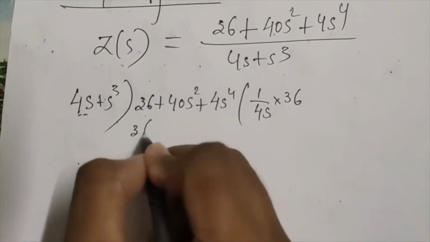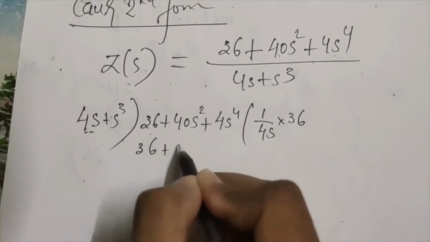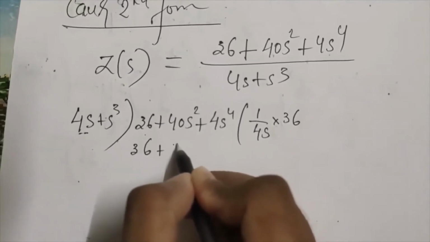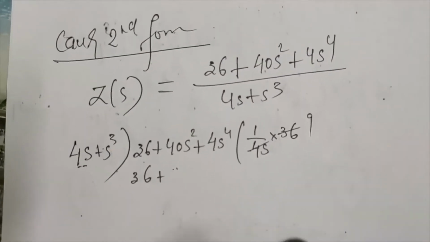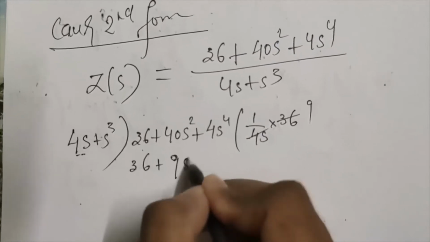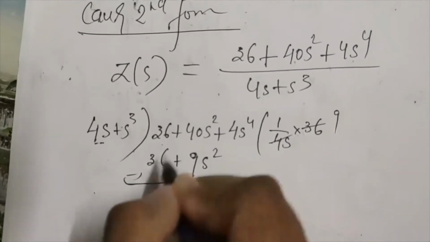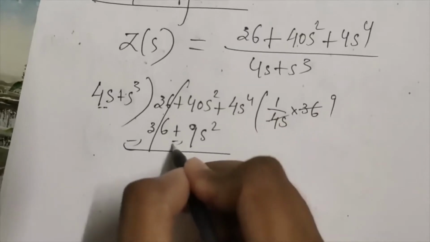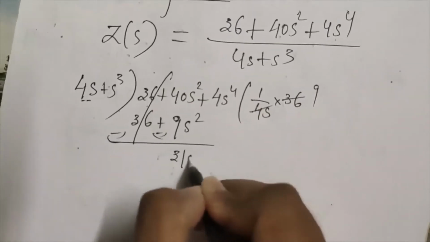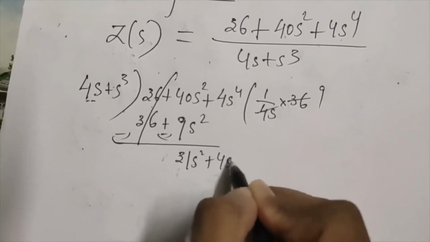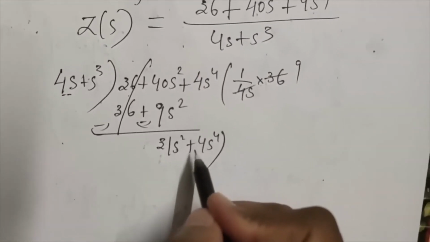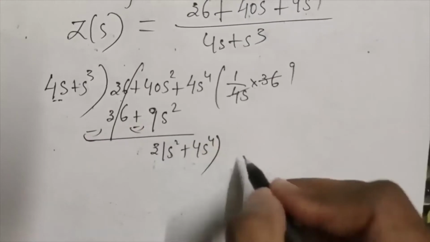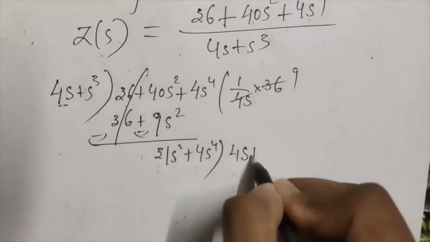So this becomes 36 and this becomes 9s square, and this is 31s square plus 4s power 4. The remainder is positive, so we carry forward 4s plus s cube.